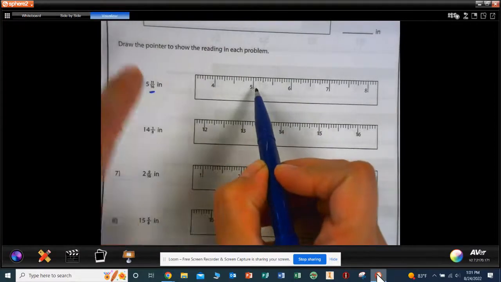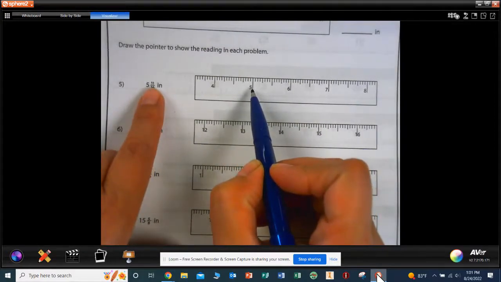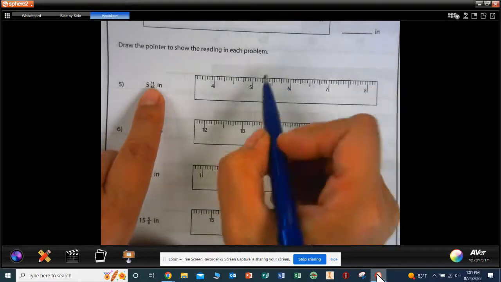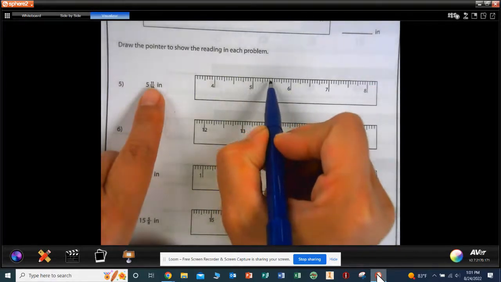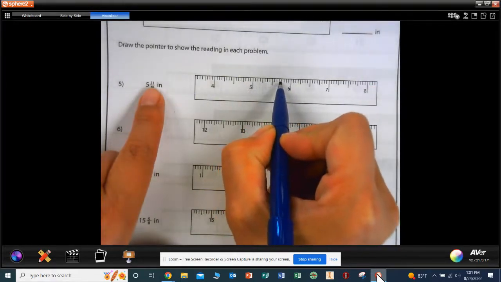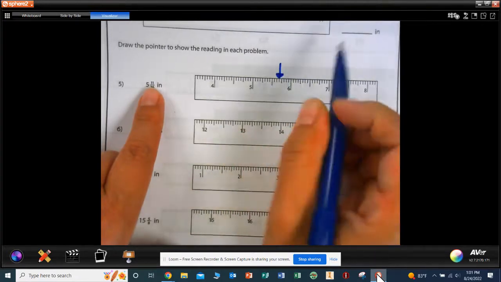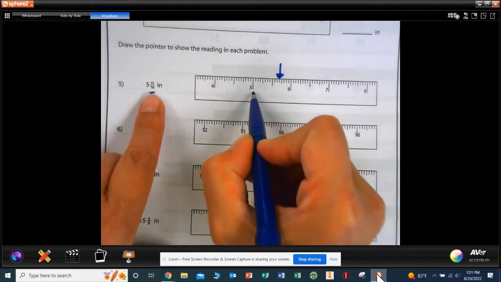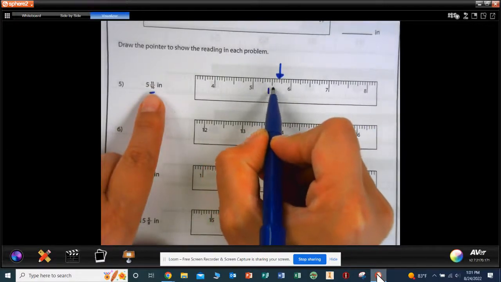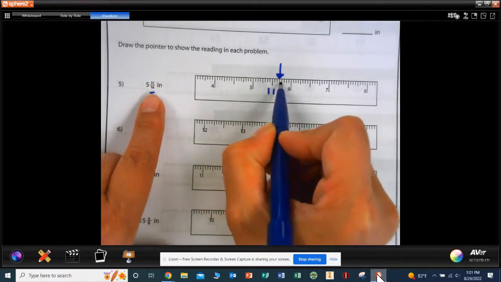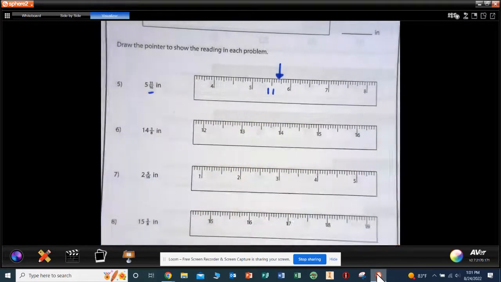And then the 11 tells you 11 little lines after. So I'm going to count 11 little lines: 8, 9, 10, 11. And at the 11, I'm going to put a line. That's where the 11 is. So it's after the 5. Then I count 11 little lines after. Okay? And then you're done.